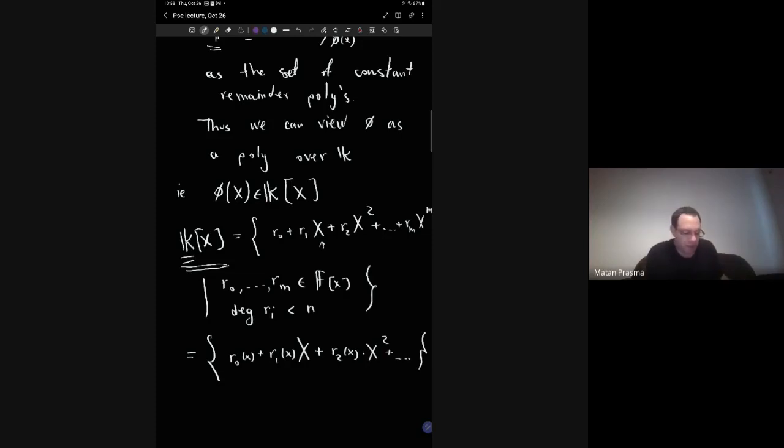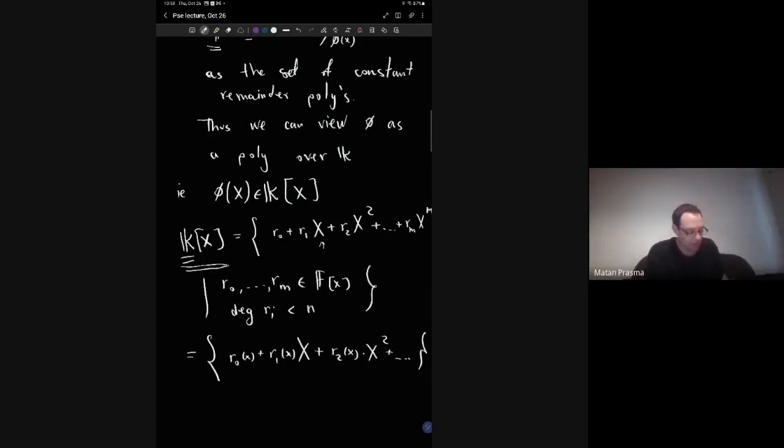Okay, is this clear now? How to view polynomials over K? Yes. Thank you very much, because this made me see the thing. I was not seeing the right difference between the two, the lowercase and capital X. Yeah. So thank you very much.